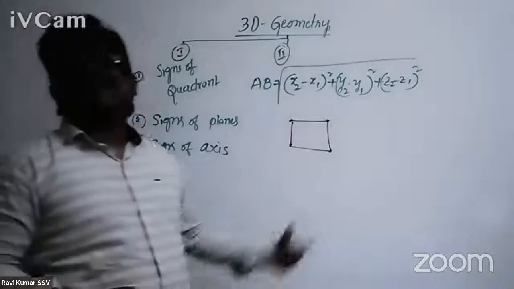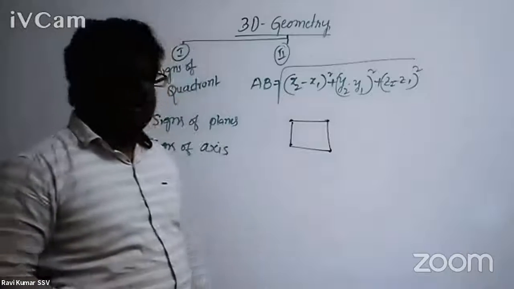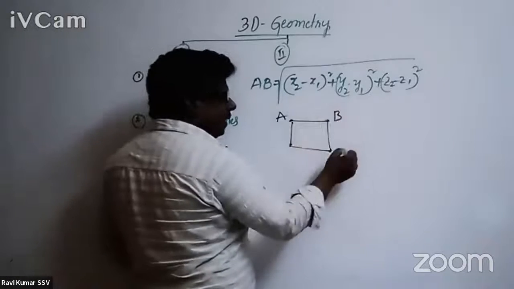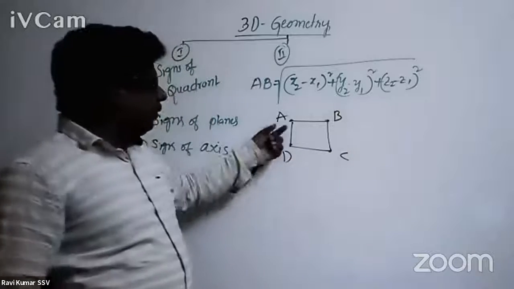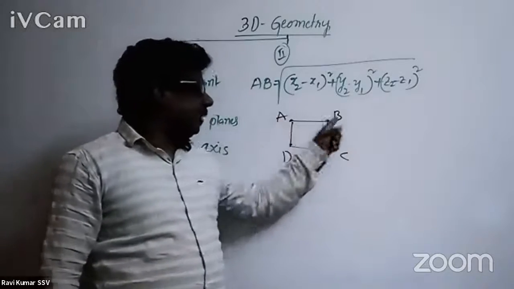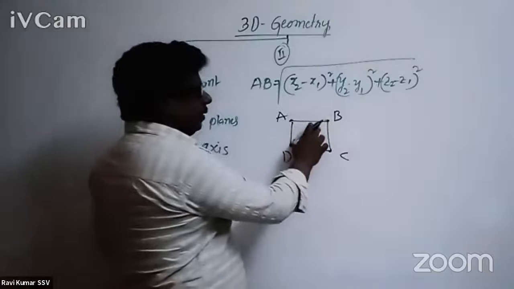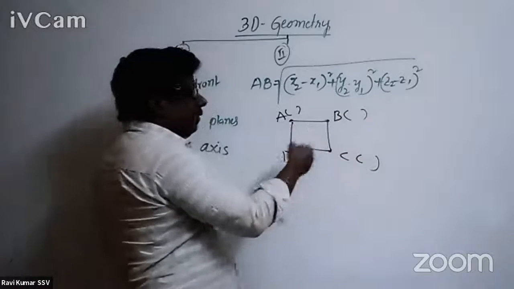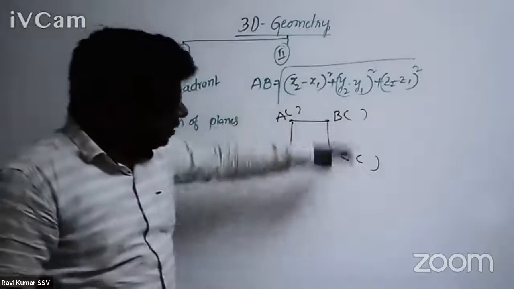We have done this type of problems, no? A, B, C and D. We find the distance between A and B. When the 4 points are given, we check whether they form a square or not.